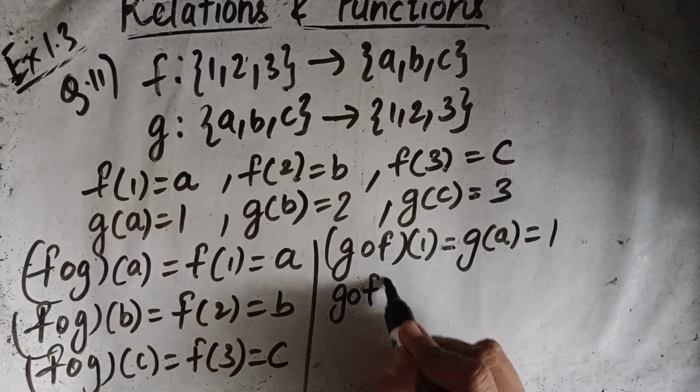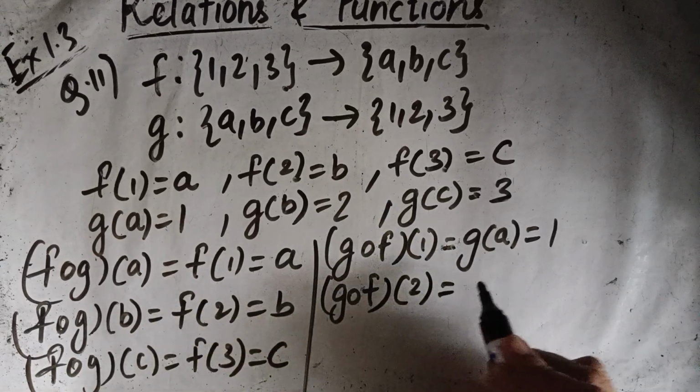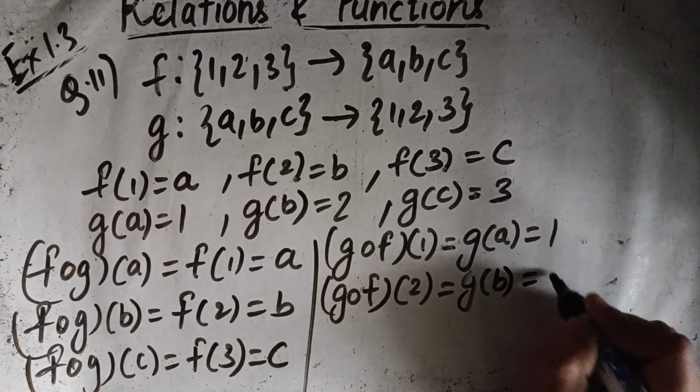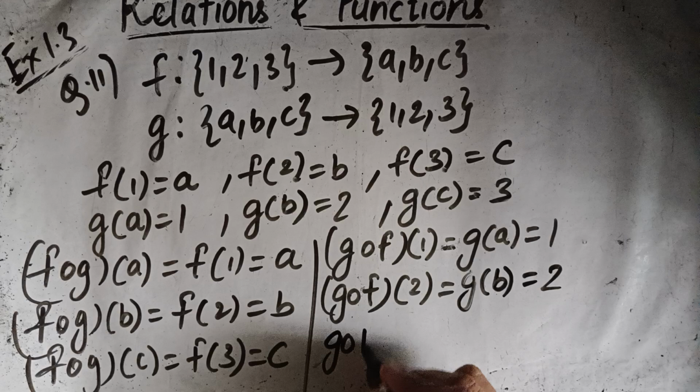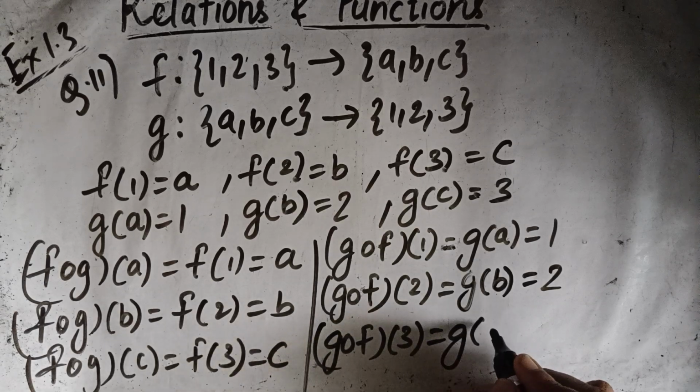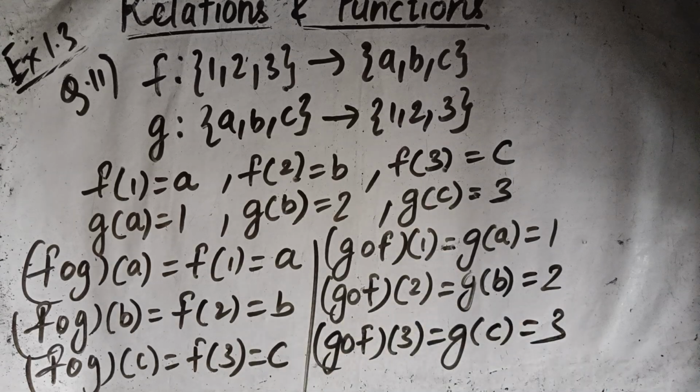G composite F of 2 is G of B, which is 2, and G composite F of 3 is G of C, which is 3. So this becomes identity again.